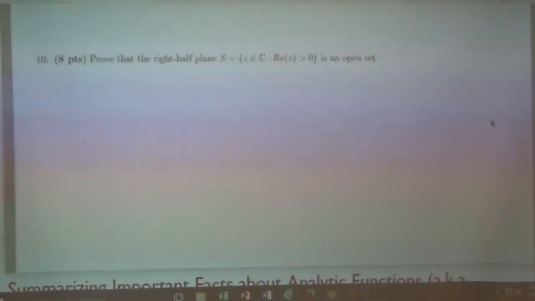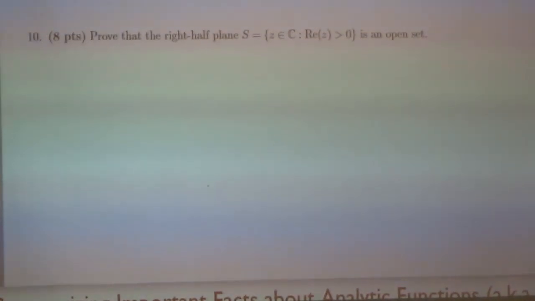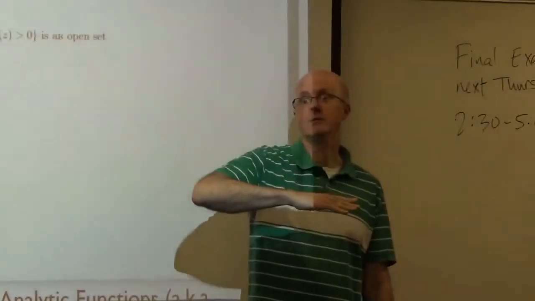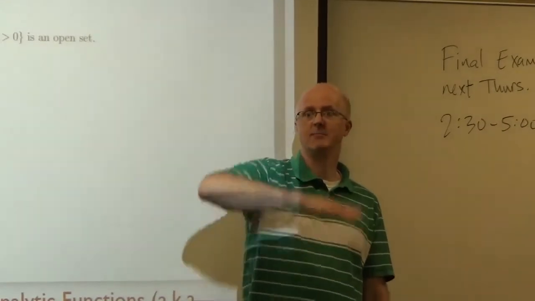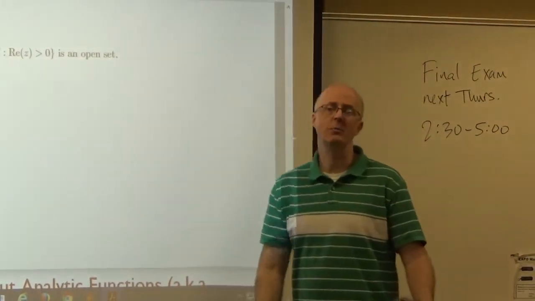Prove that's an open set. That's one of the possible proofs, though I might modify it if I decide to have you prove a set is open. It might not be a half plane like this is. This is the half plane to the right of the imaginary axis. It could be, or it could be, say, the half plane above the real axis or below. Or I might have you prove that an open disk is open.